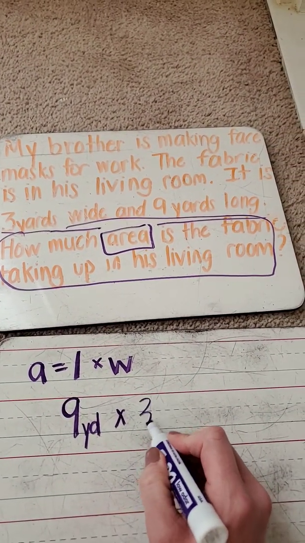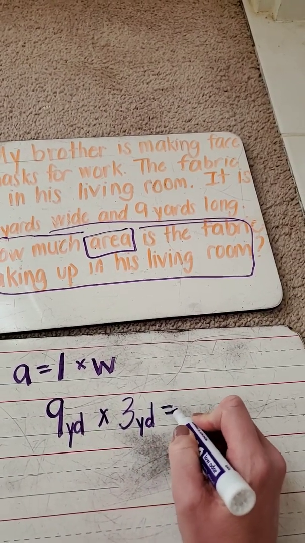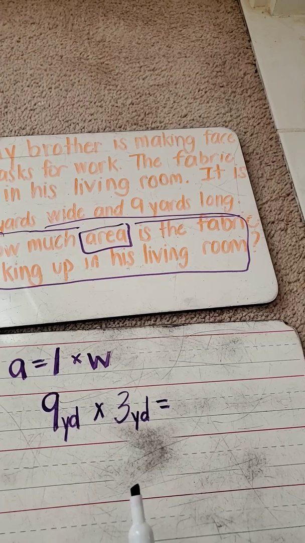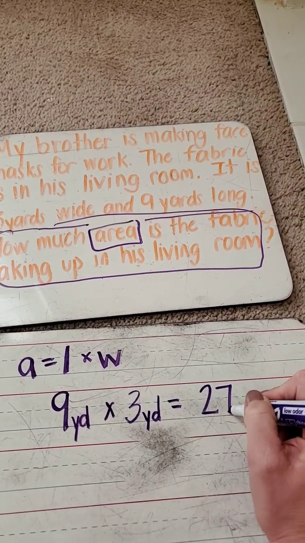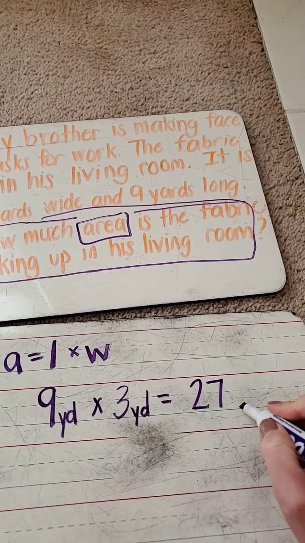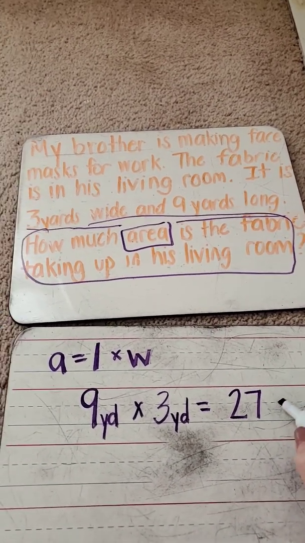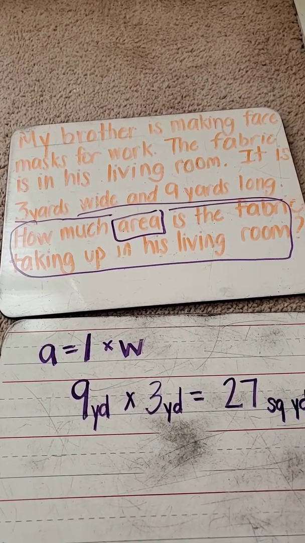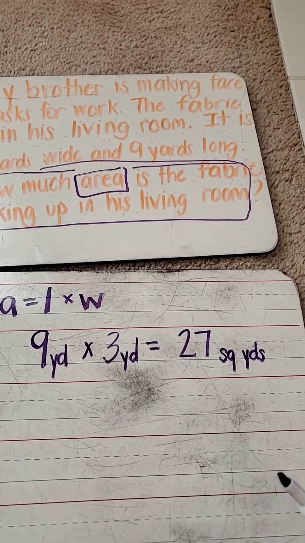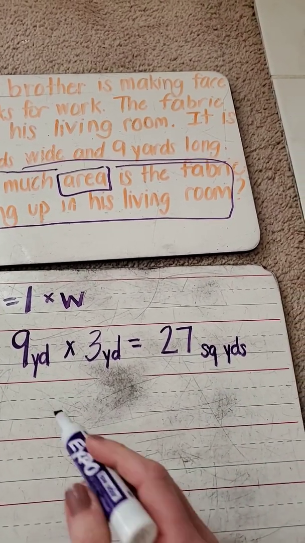So I'll write 3 yards. And when I multiply, I know that 9 times 3 is 27. Yep, I knew it. You were wondering, are you going to label it? I am. Square yards. It is taking up the area of 27 square yards.